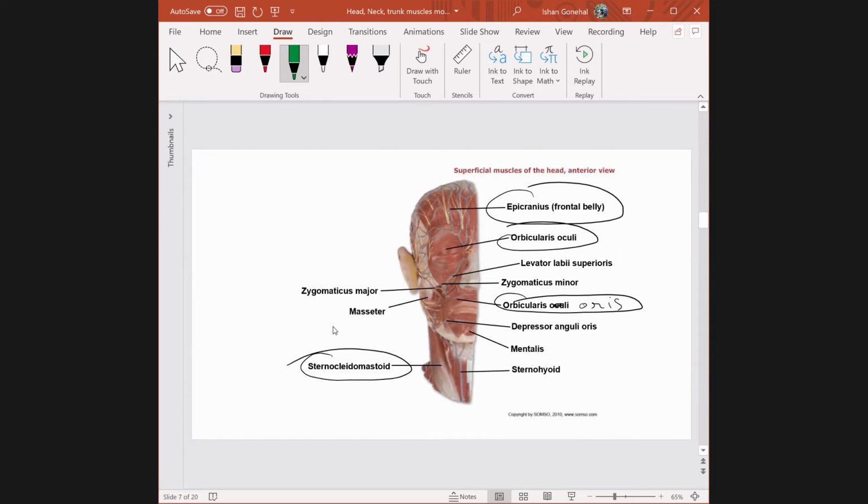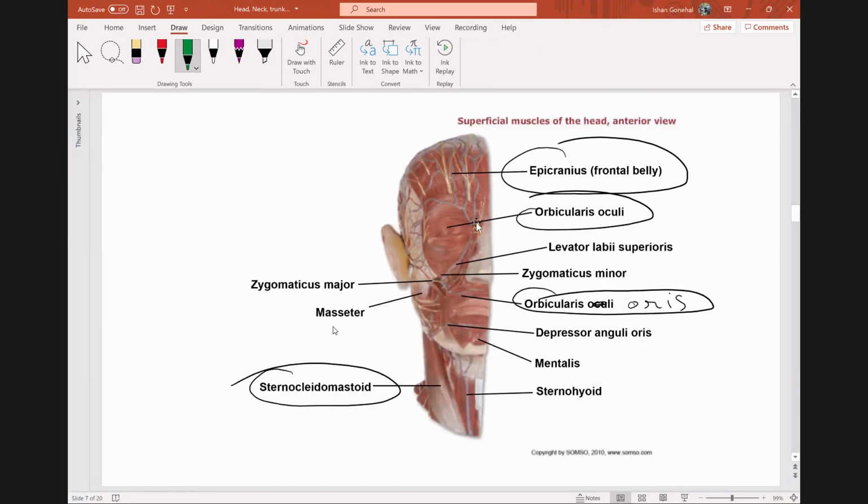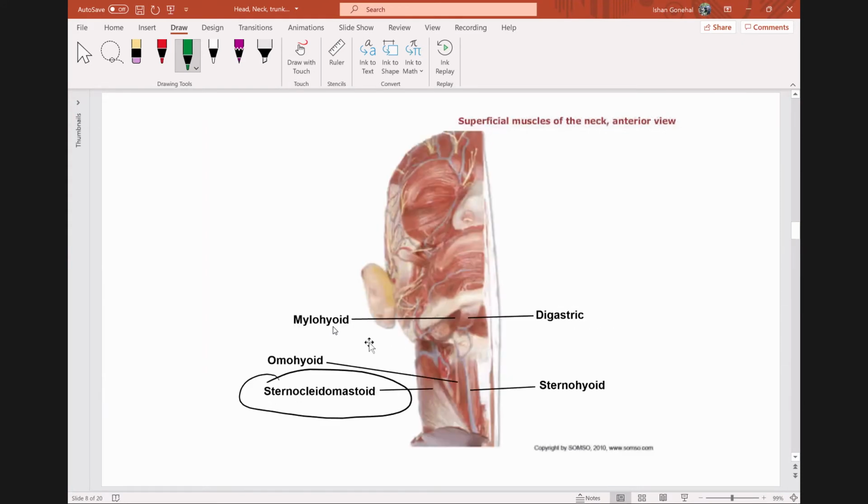Give me a second. So this one is basically if you take a layer of the muscles away, then you can see epicranius, orbicularis oculi, orbicularis oris. This is a typo. Sternocleidomastoid.